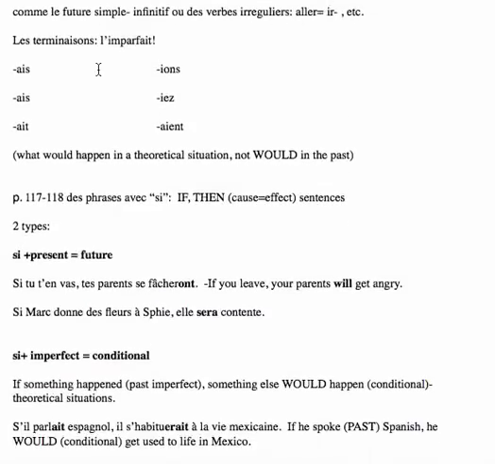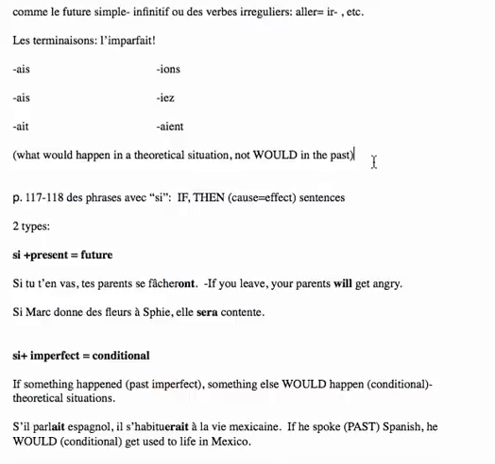So for the future, we had endings that looked a lot like avoir. Here for the conditional, our endings are going to be exactly the same as the imperfect. So what's the difference with the imperfect? It's the base. You have the whole infinitive. AIS, AIS, AIT, IONS, IEZ, AIENT.